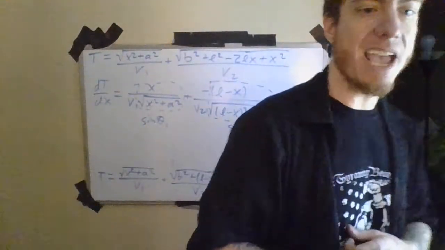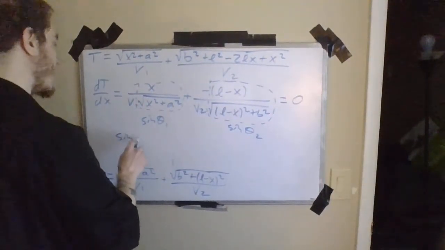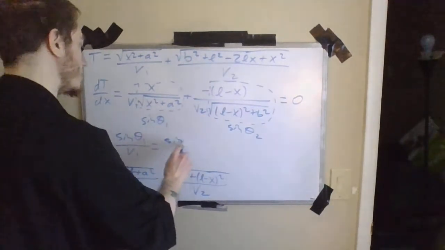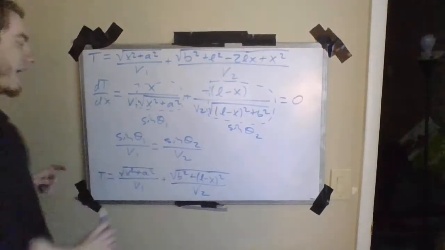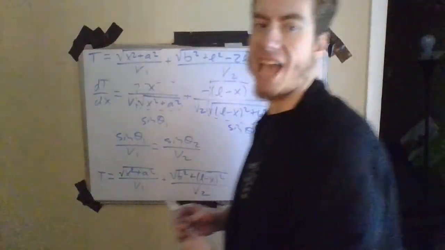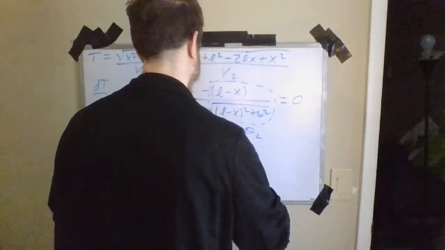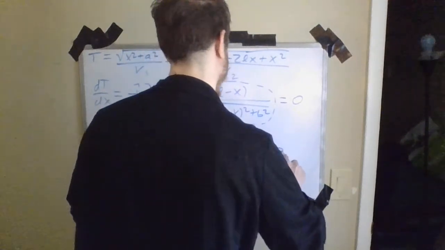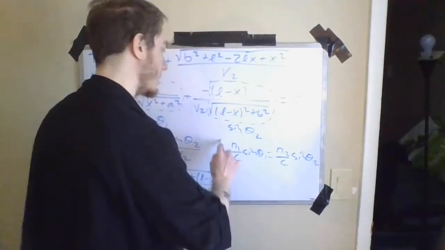And so what we end up with is that the sine of theta 1 divided by v1 is equal to the sine of theta 2 divided by v2. Usually the way that Snell's law ends up getting written is in terms of n1 and n2. And so you end up with n1 over c sine theta 1 equals n2 over c sine theta 2, like so.